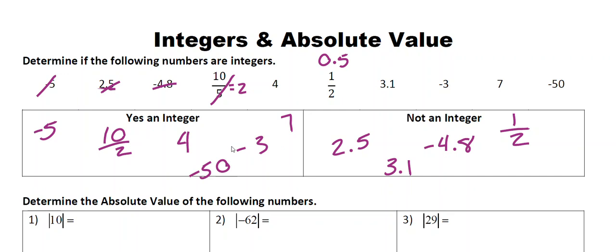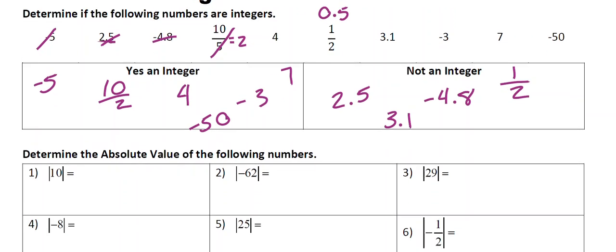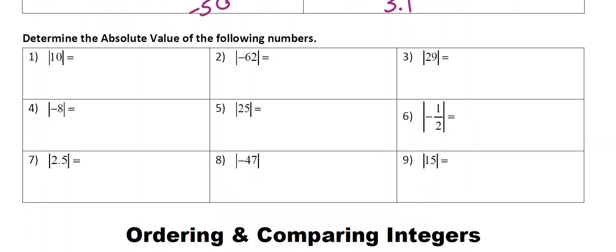Okay. Next thing we're going to talk about is absolute value. Remember we said absolute value is that distance from 0. How far away on a number line is 10 from 0? Well, it's 10 spaces away. How far away is negative 62? That's what these bars mean. Absolute value of negative 62 would just be 62 spaces away. Absolute value of 29.